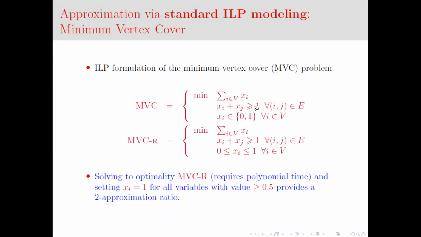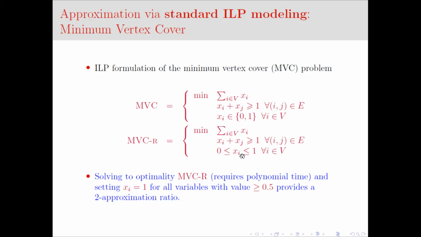But the constraint we have is that for every edge ij, either vertex i or vertex j is in the solution. With binary variables that corresponds to saying xi plus xj is greater or equal than 1. So given this formulation, in polynomial time we can compute the optimal solution of the continuous relaxation.